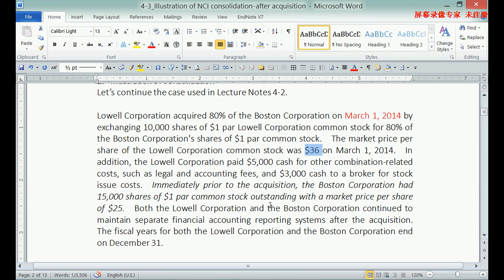And before acquisition, Boston Corporation had 15,000 shares, and the market price per share was $25. This means that for the non-controlling interest who holds 20% of the shares, their shares are worth $25.